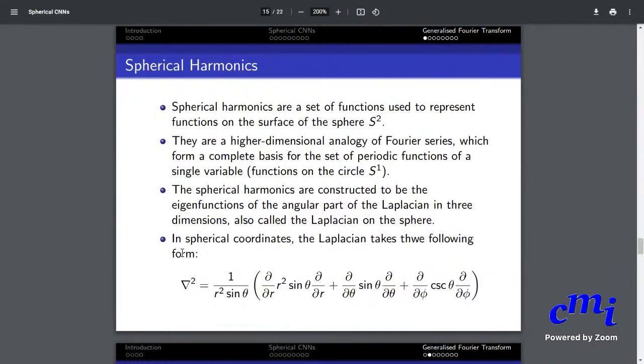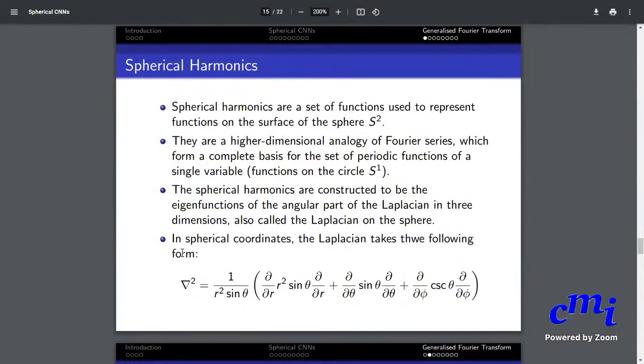We take a small, let's say 3x3 matrix, mark the latitudes over the sphere, and move that whole matrix over the sphere. That is called the S2 correlation.